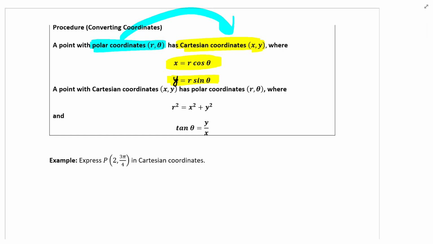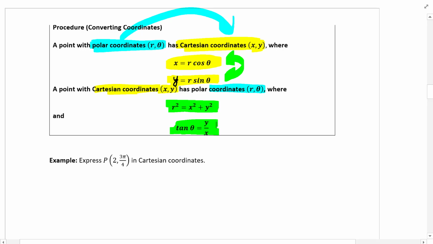Now to go from the Cartesian coordinates, x, y, to polar coordinates, r, theta, we are going to use r squared equals x squared plus y squared, right? If we square this, we are going to get the equation of a circle centered at origin with radius r. And to find theta, we are going to use tangent theta equals y over x.